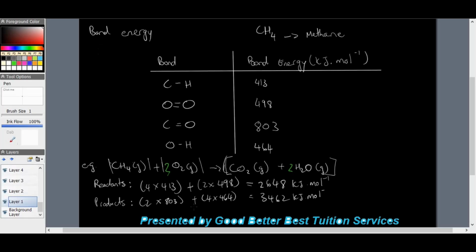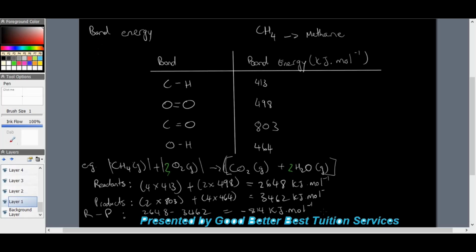So I've got 2,648 minus 3,462, and I get a negative answer of negative 814 kilojoules per mole.